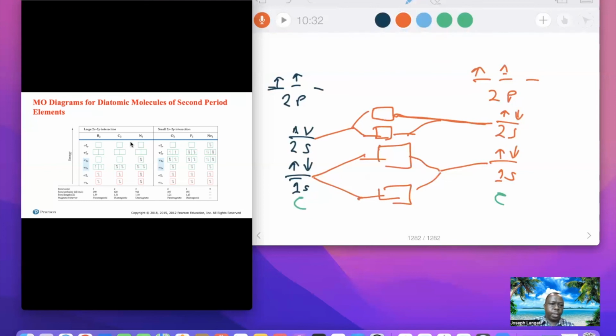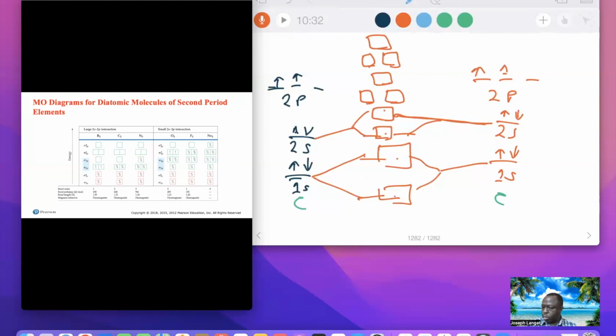You look at the 3 here, there is an overlap with the 2 and 1. There is a 2 for carbon, 2, 2.